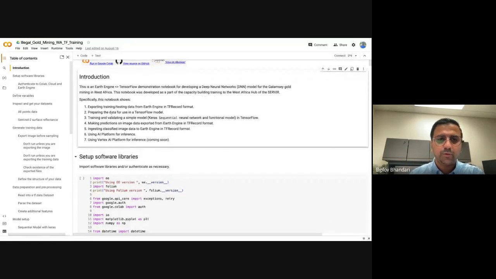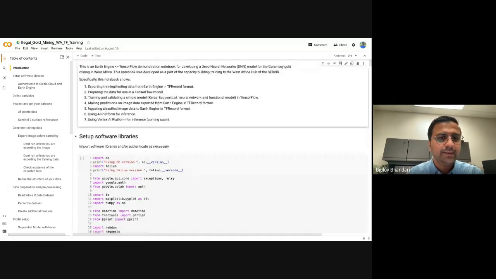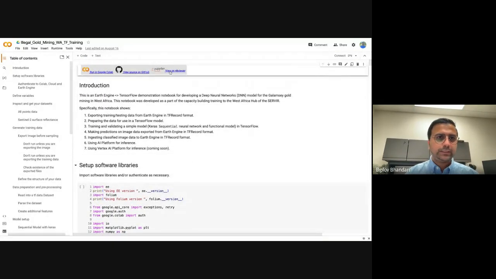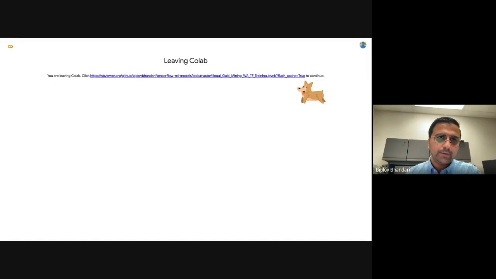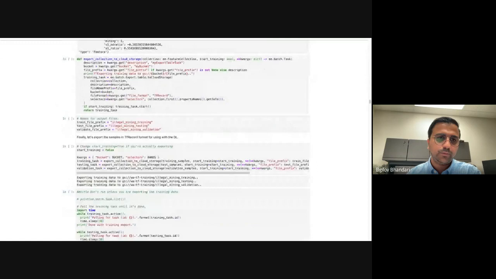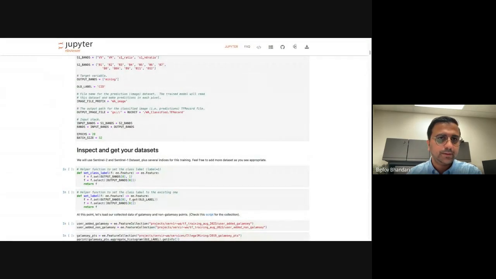So if you want to retain a copy or make any changes, please go ahead and save it. You can also see the output here when you click this NB viewer. It gives you basically the same output that you saw in this Colab notebook.